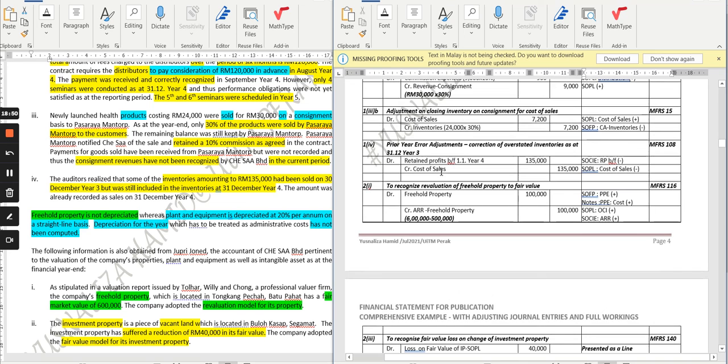Therefore, when you adjust your retained profit here, you were adjusting the opening inventories. And when you adjust your cost of sale here, you are also adjusting your closing inventories, right?